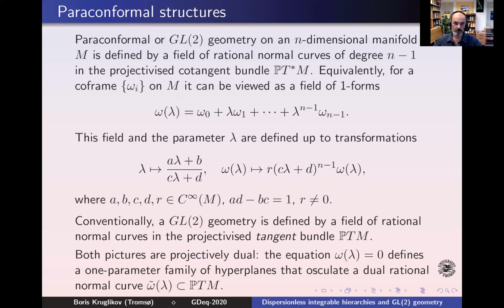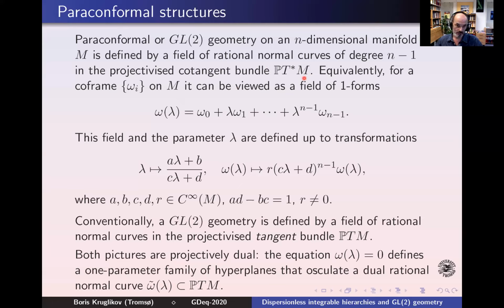So here we take, at every point of the cotangent bundle, the projectivization, and then we take a rational normal curve.